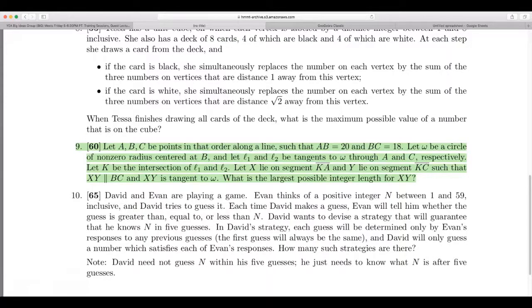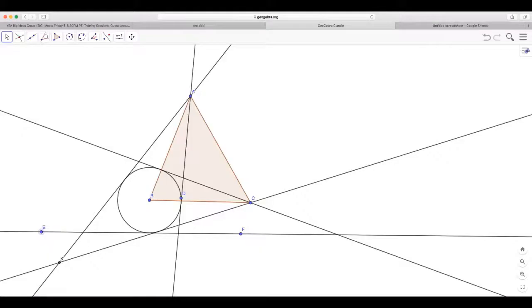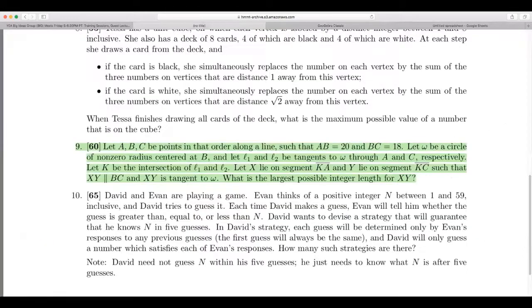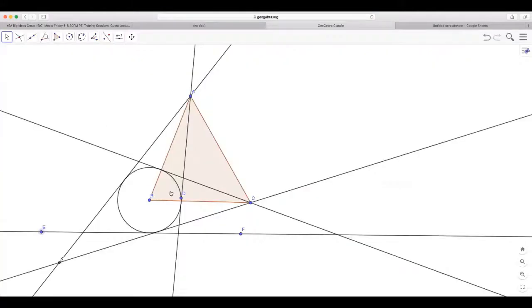Oh, you can just take... How to do this problem during the contest would be to just do it with the special case. So what radius can we choose?